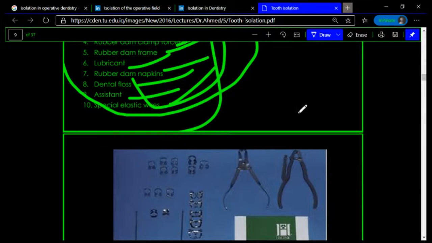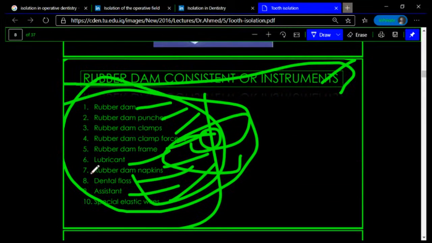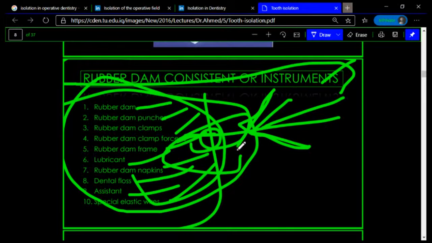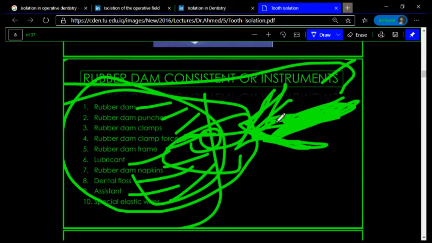Sorry about that, I wasn't showing the page that I was talking about. That was a mistake, but here I was talking about this subject, the rubber dam and its importance in the history of dentistry.